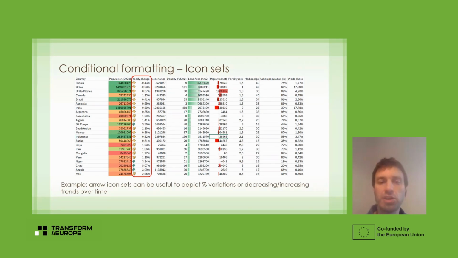So I can immediately spot, for example, that the countries which are increasing their population very, very quickly are Congo, Niger, Chad, and Angola, all from Africa. Then there are others that have been increasing, but in a more moderate way. And others are stable or decreasing, even though we don't have anything which is decreasing at the moment in this sub-selection.